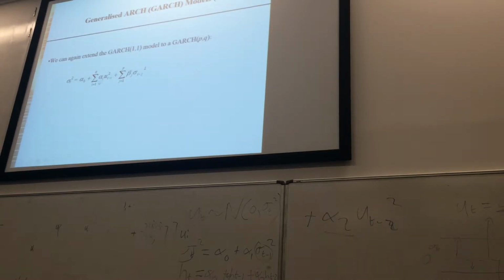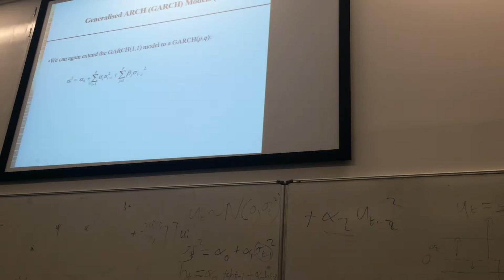For the lagged residual squared, you can have 1 lag, 2 lags, 3 lags, as many lags as you like. And the lagged variance term, you can have as many lags of that as you like. So the first one is the Q, when you see Garch PQ, and the second one is the P.